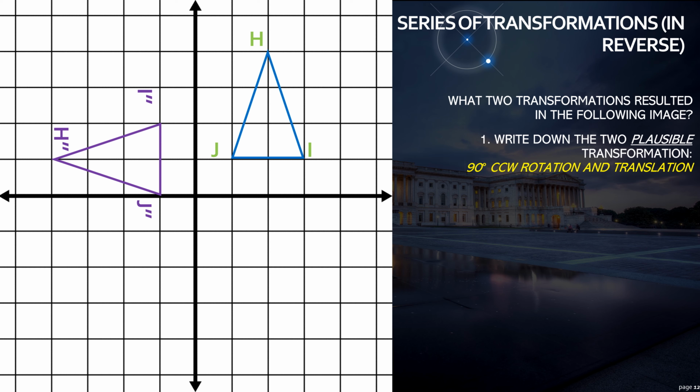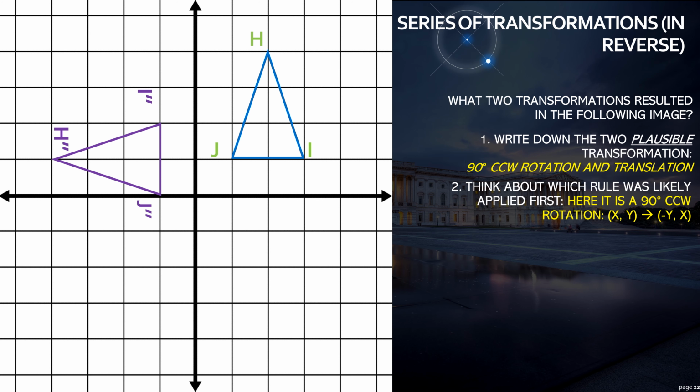And I would probably also assume that a translation occurred as well. So I want to think about, okay, which rule do I think was applied first? And sometimes, this could be a little bit of a guessing game, but you have a 50-50 chance of getting it right the first time.